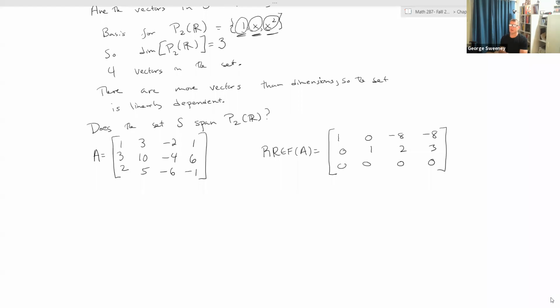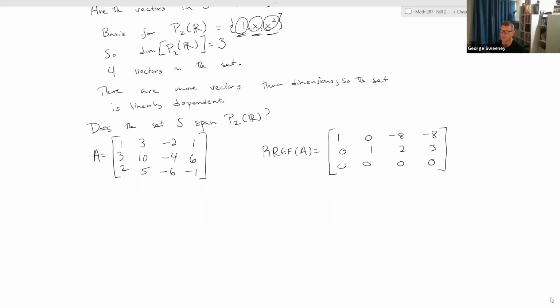So we have a row of zeros, right? Remember, AX equals B is consistent is another way to think about the set spanning. That row of zeros tells me that the set will not span P2R, because it doesn't have a solution for all B. That's right. Exactly.